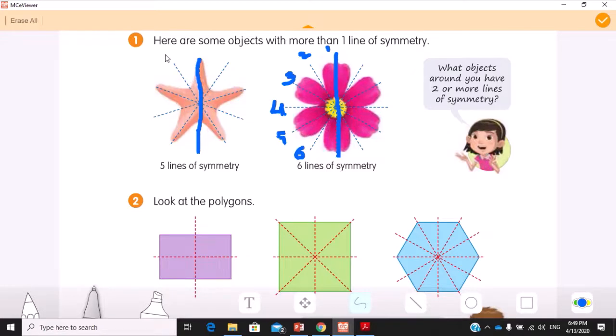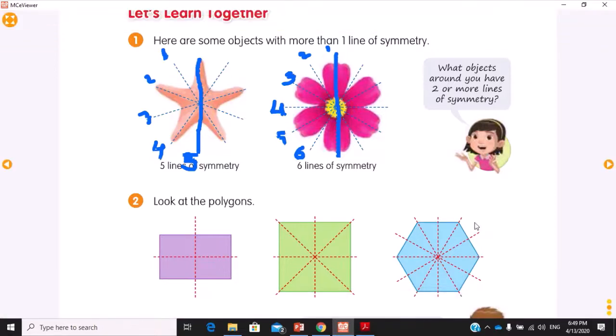I'm going to count the lines of symmetry only on one side: 1, 2, 3, 4, and 5. I'm going to start from the middle and keep going until the last line of symmetry. I'm not going to count these ones here, just this area, please.